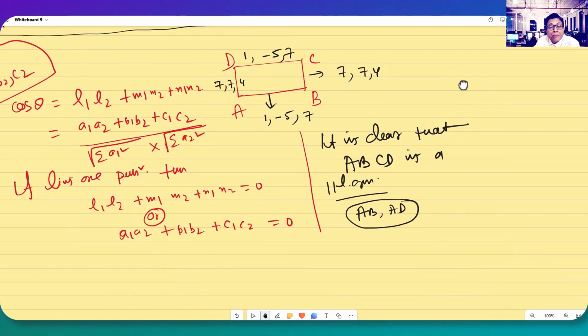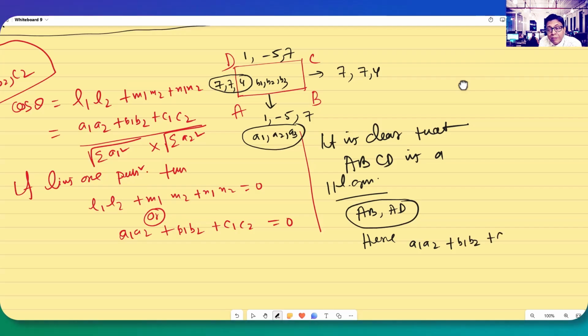So for AB and AD, if we assume that this is a1, a2, a3 and this one b1, b2, b3, then we will simply find a1 b1 plus a2 b2 plus a3 b3.